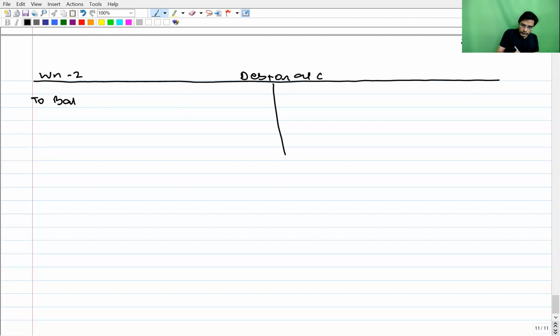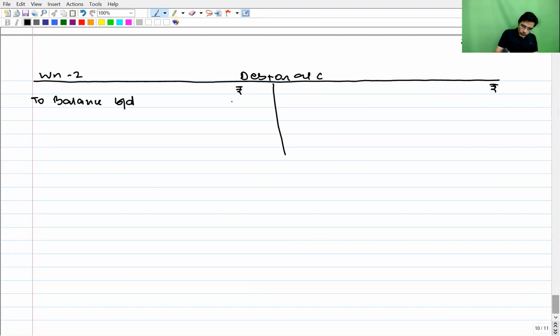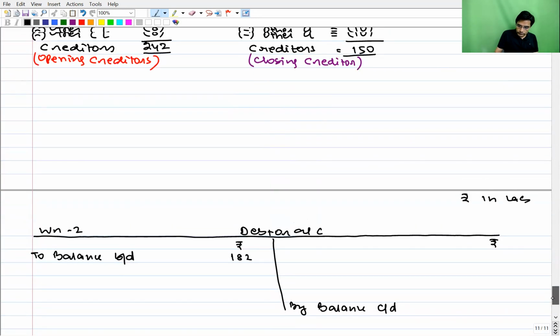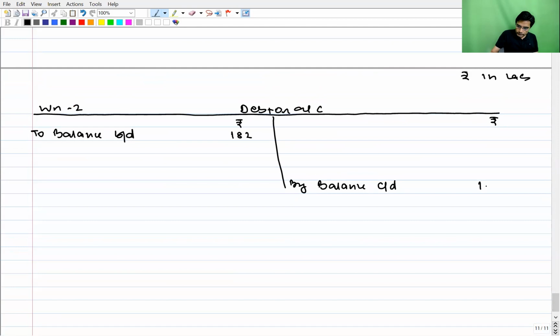First, we'll write the opening balance, which we have determined in working note number 1. Opening balance of debtor, 182 lakhs. Closing balance of debtor, 161.